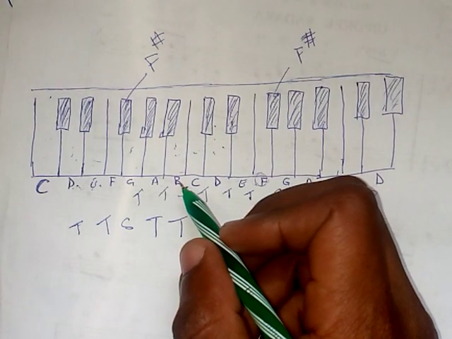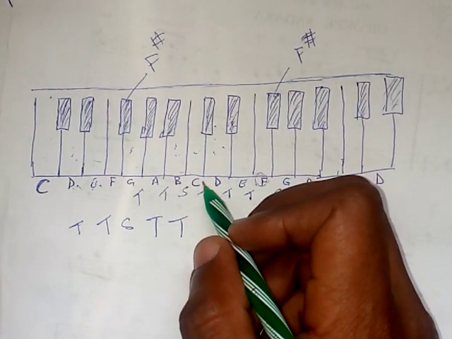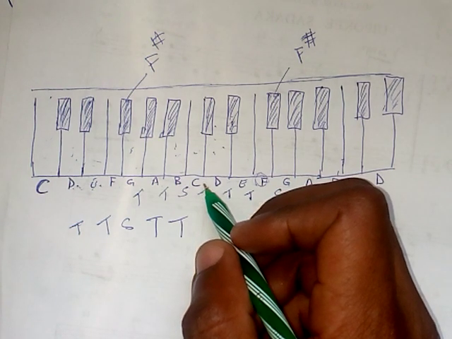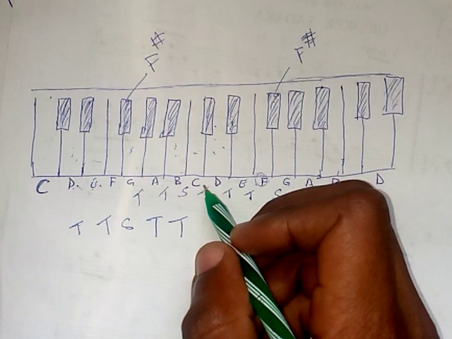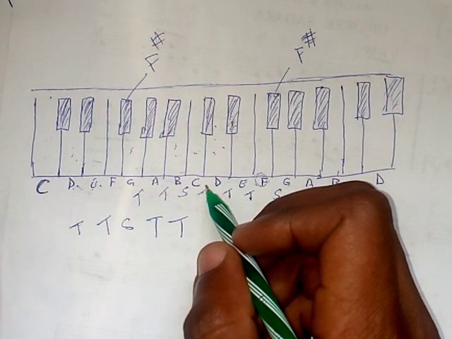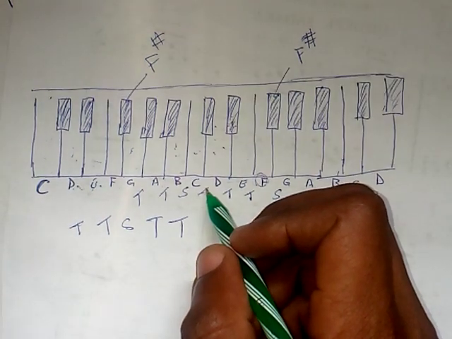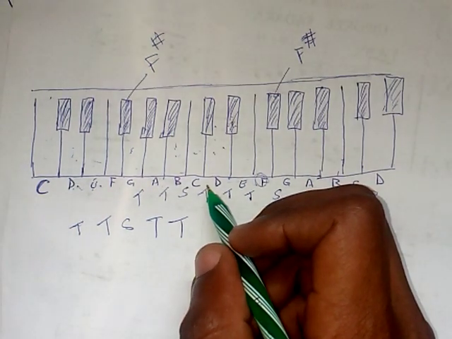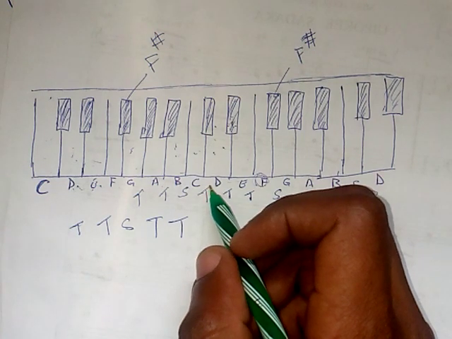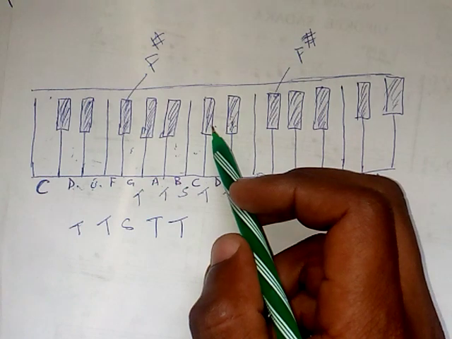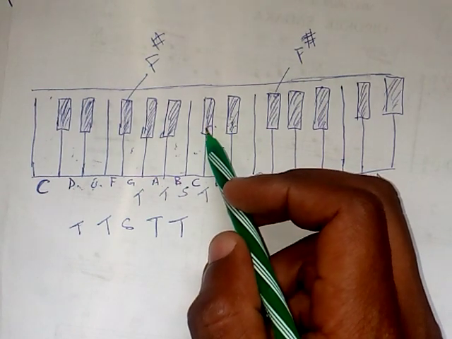But the interval between B and C is a semitone, and we need to have a tone. So for it to be a tone, we need to add a semitone. So while playing, we'll not necessarily play C. We'll add a half step, and we'll now play a step higher, which is C sharp.